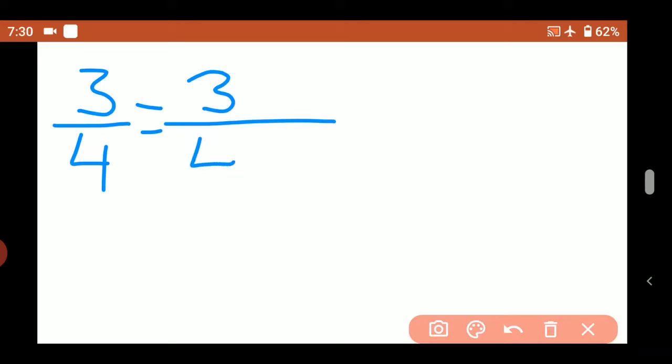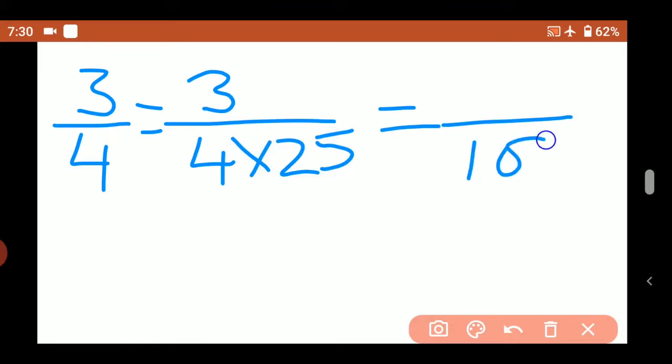So now we know that if you multiply 25 to 4, you get an answer of 100. 25 fours are 100. So now to keep it a like fraction, you will have to multiply 25 to the numerator also.